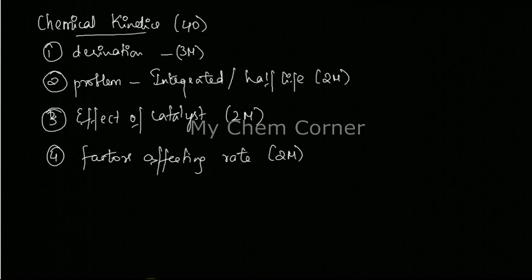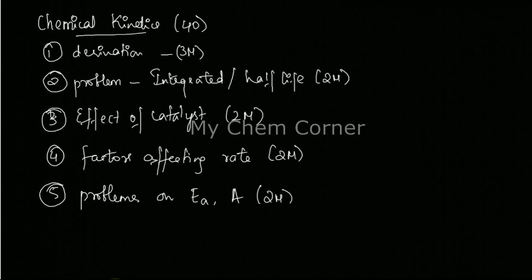Here you just have to write the factors and not explain them at all. Rarely you have problems, just in 2 or 3 questions, on Ea and the Arrhenius constant. Very rarely they've asked, which is again a 2-mark question.